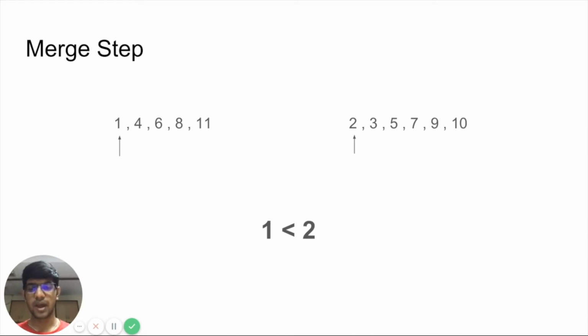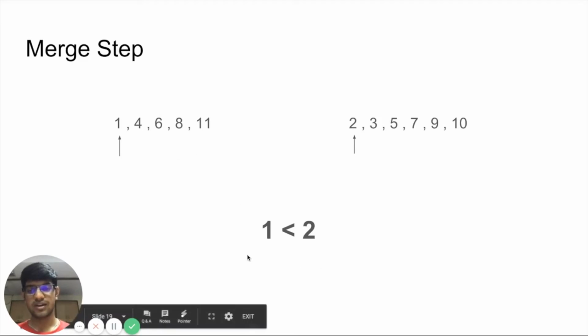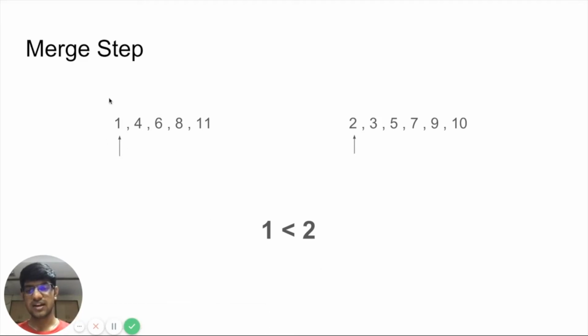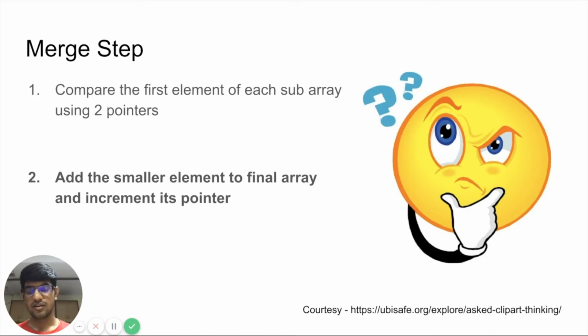Now we need to compare the starting elements of both these subarrays. Here, as is obvious, 1 is less than 2, so the starting element of the left subarray is smaller than the starting element of the right subarray, in which case we arrive at the second step of the merge sort procedure, which says add the smallest element to the final array and increment its pointer.